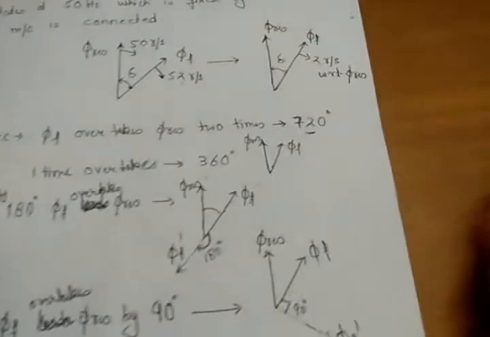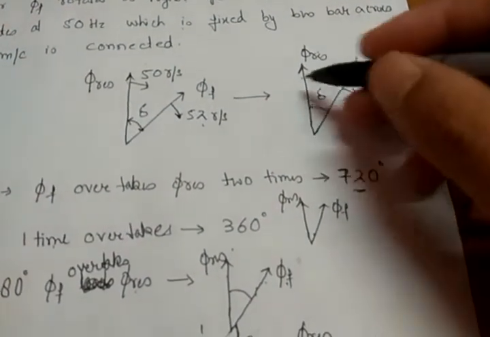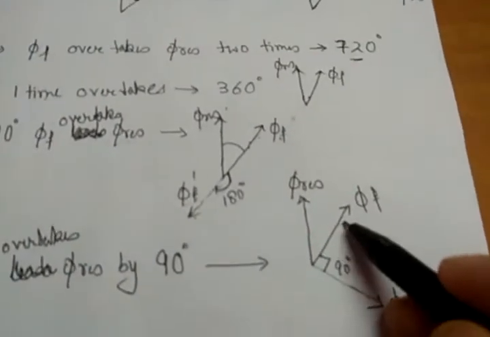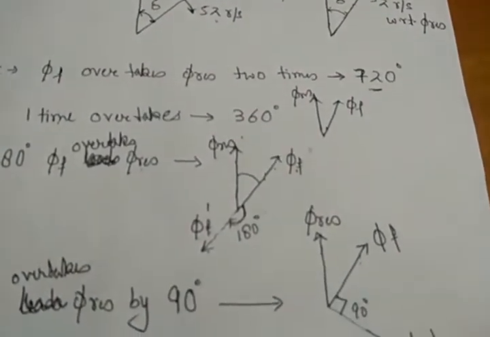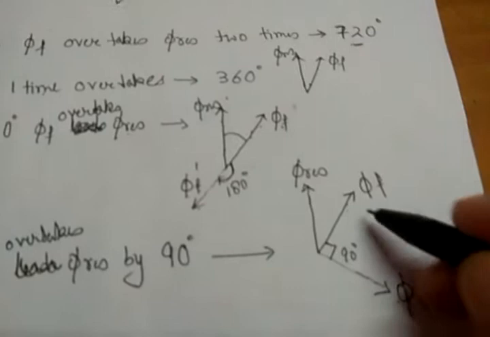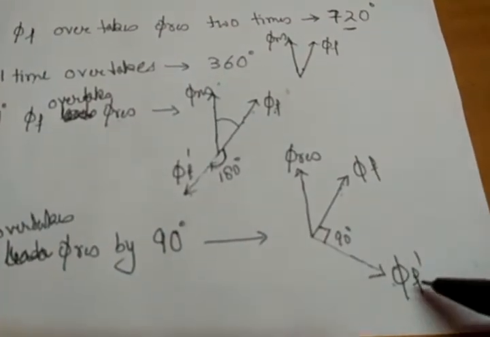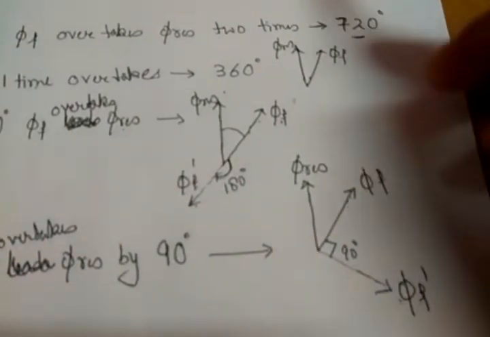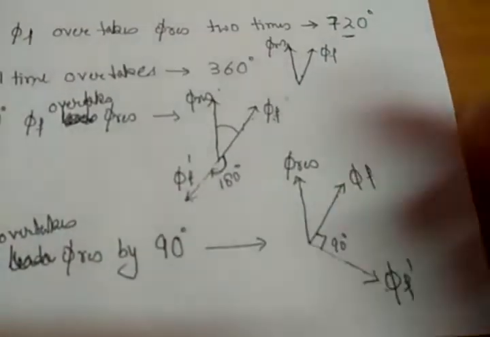By 90 degree means after 0.125 second, this will overtake this by 90 degree, means the new position of phi f with respect to phi resultant will be this phi f dash, and the angle between phi f and phi f dash will be 90 degree. Phi f dash is the new position and phi f is the initial position of the field flux. So you can see that it is overtaking it with time, delta will increase.